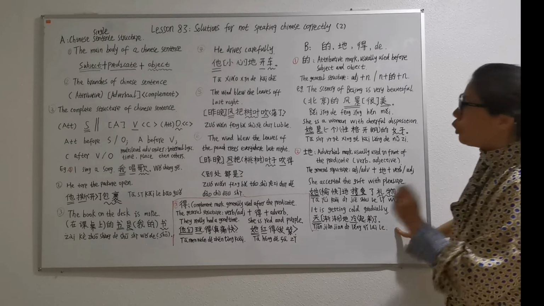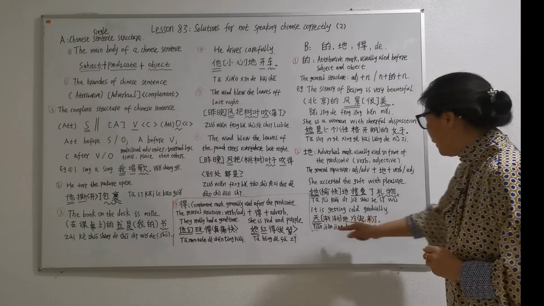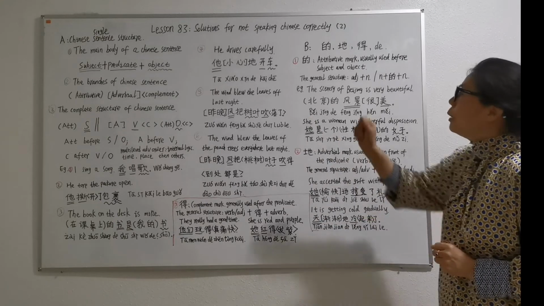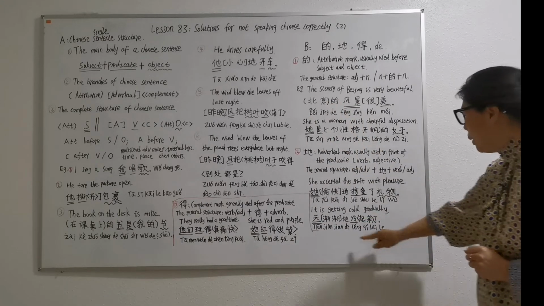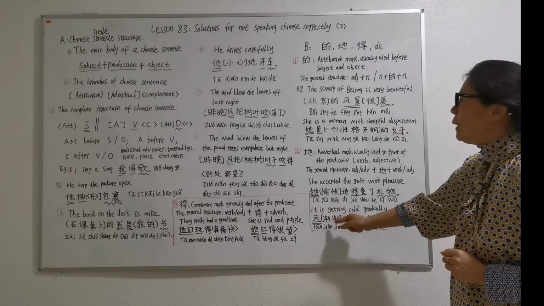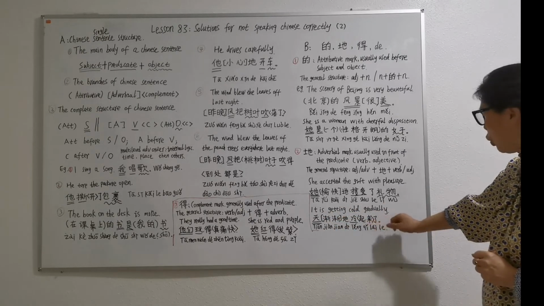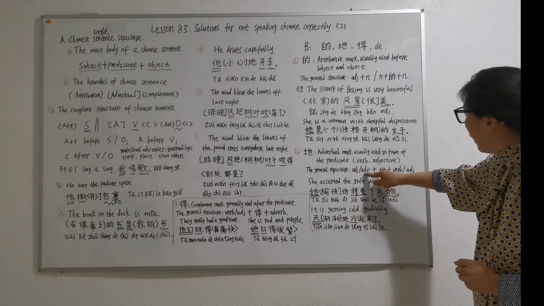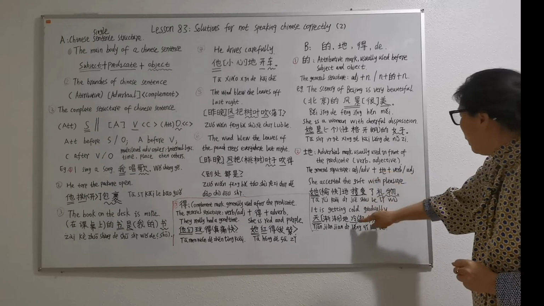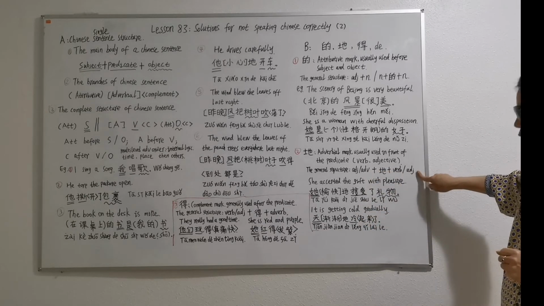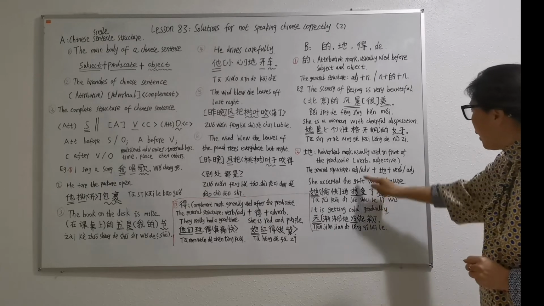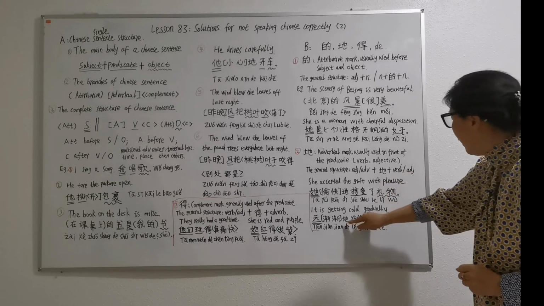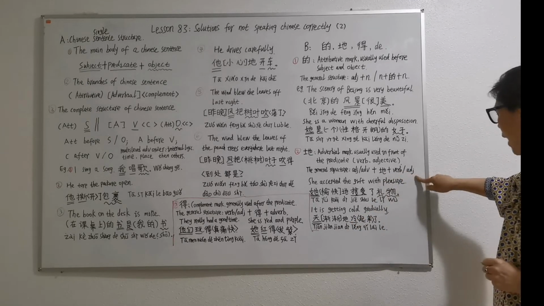We check the main body first: 天冷, 天 subject, 冷 predicate, and we have the adverbial 渐渐地 and the complement 起来了. 渐渐 is an adverb, 冷 is an adjective. So this structure is adverb add 地 add adjective.